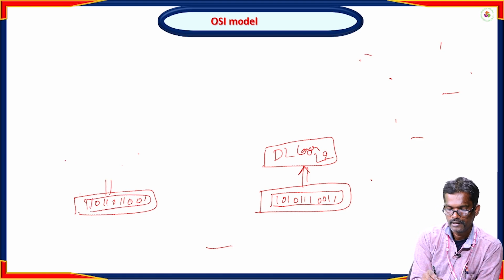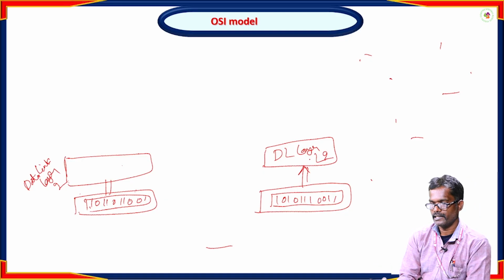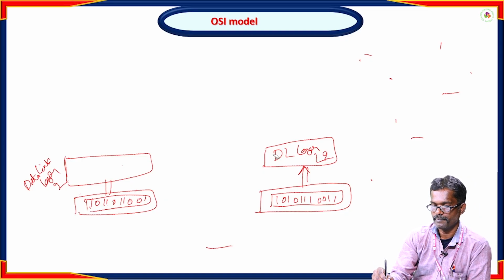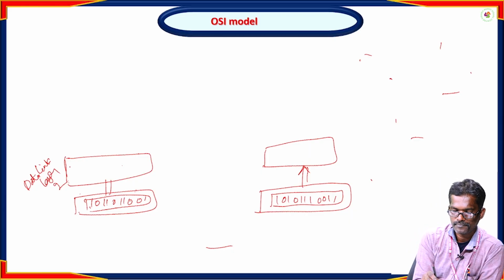From here, it follows with the data link layer, which is layer 2. This is also the data link layer, and here also the same format will be there. What will be added to it? Here is the data, with the trailer T2 and the header H2.